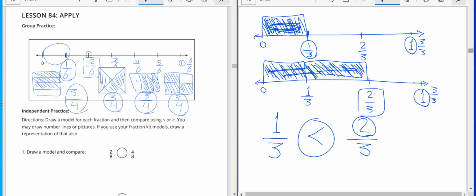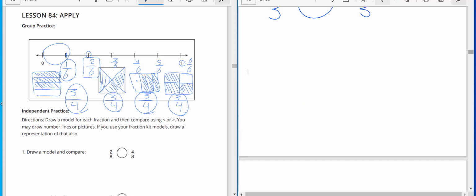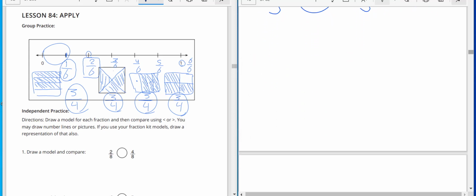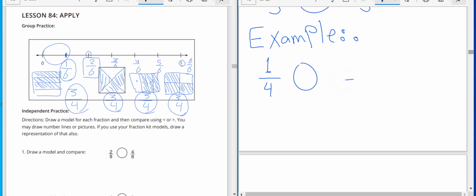For example, if we have 1/4 and 3/4, which is the greatest fraction? 3/4 is more than 1/4.